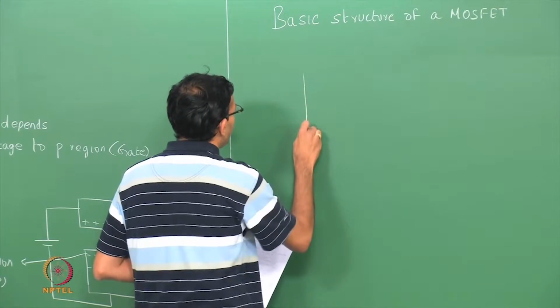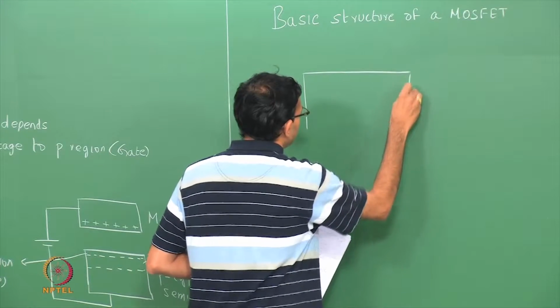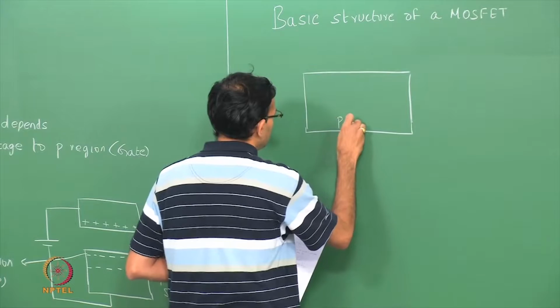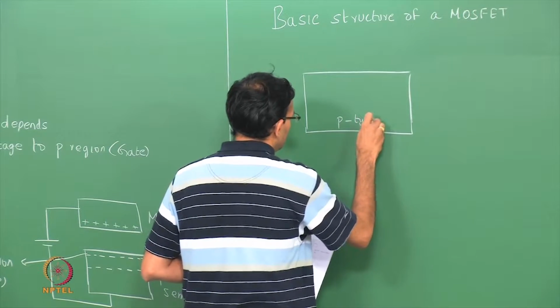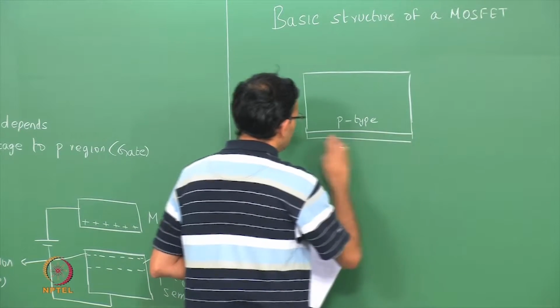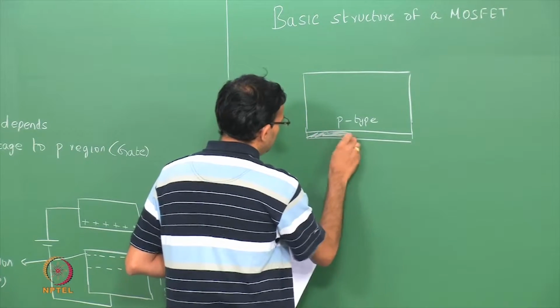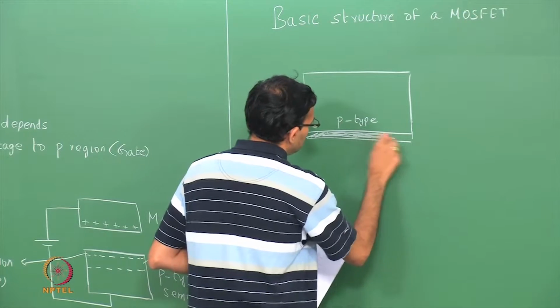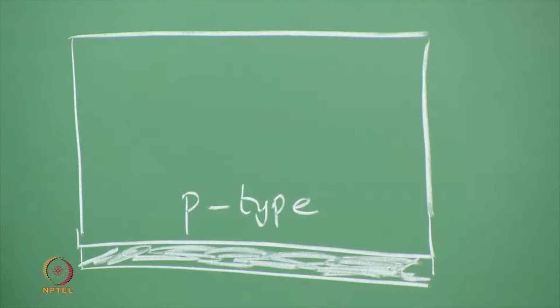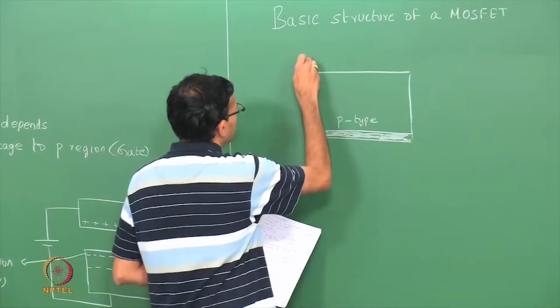So I have my bulk semiconductor material. We will still keep it to be p-type. There is a metallization layer, so we can form electrical contacts, and then there is an oxide layer on the surface.